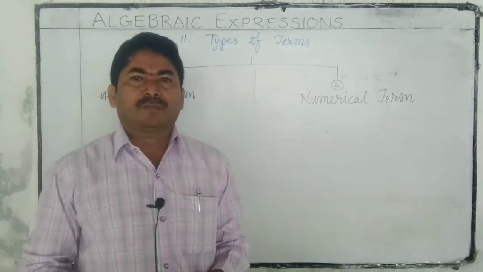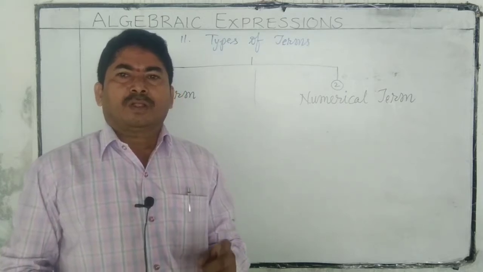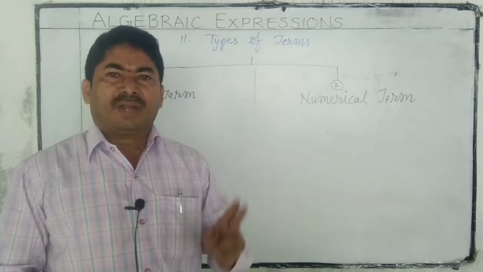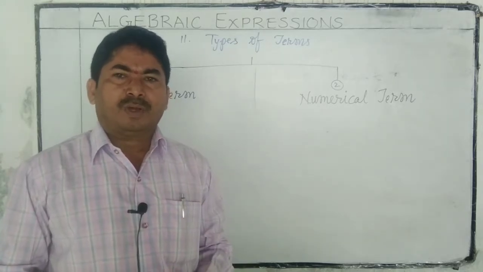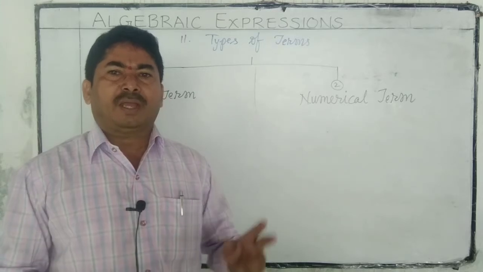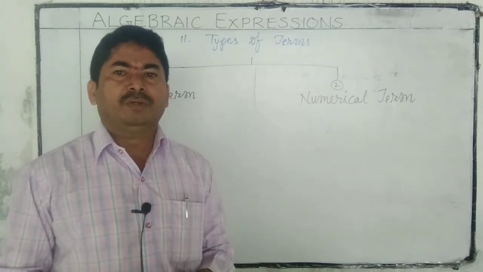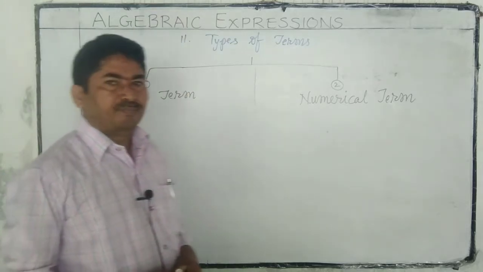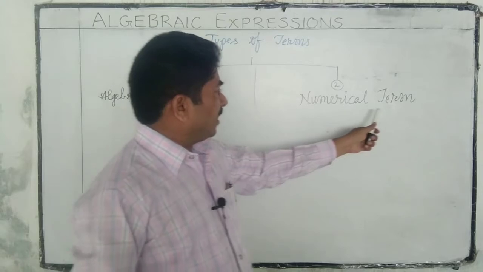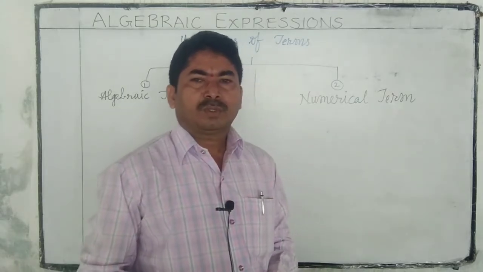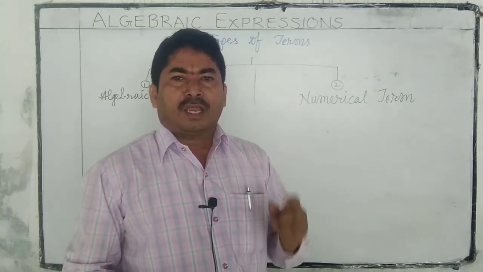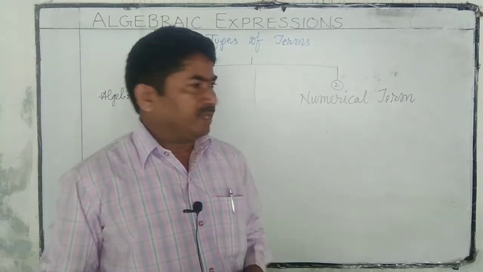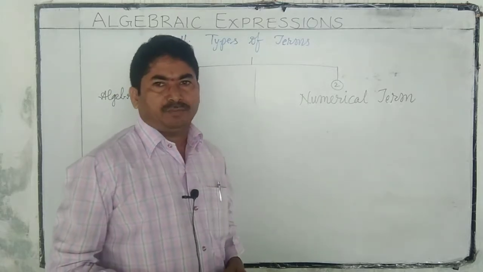A term having a variable or product of variable or the product of a constant and a variable or variables is called an algebraic term. What is numerical term? A term having only number is called a numerical term.